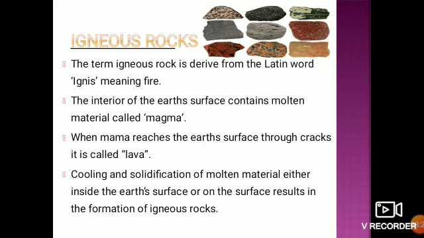When this molten material called magma reaches the earth's surface through cracks, it is called lava. Cooling and solidification of the molten magma, either inside the earth or on the surface, results in the formation of igneous rocks. These rocks are hard and crystalline in nature.